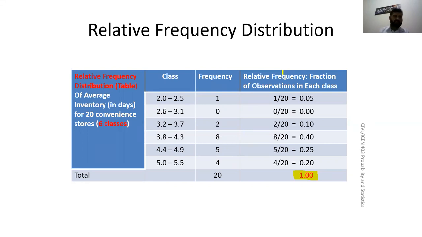Yes, the number of classes will be given. Someone asked the question. Number of classes, of course, will be given. Otherwise, you cannot decide about the interval. Two things are related: interval and number of classes. One of them has to be given to you. If the number of classes is given, I can divide by the number of classes to get the interval. If the interval is given, I can divide by the interval to get the number of classes, right?